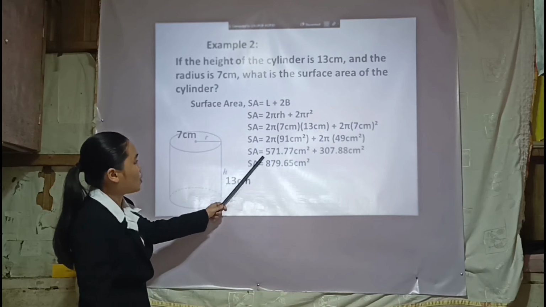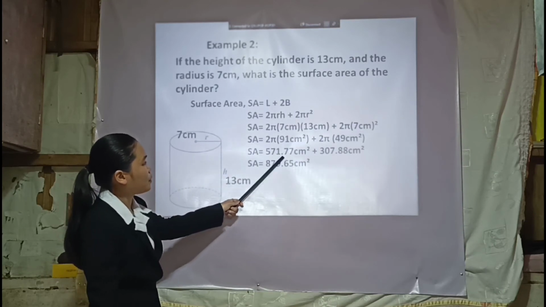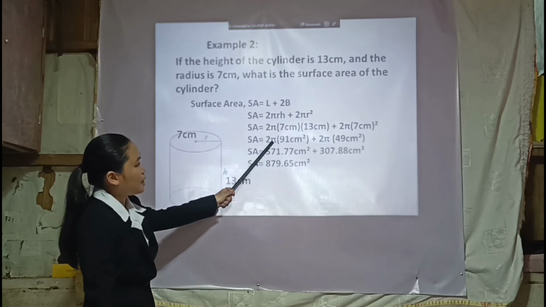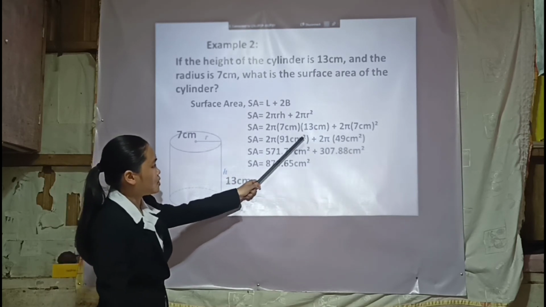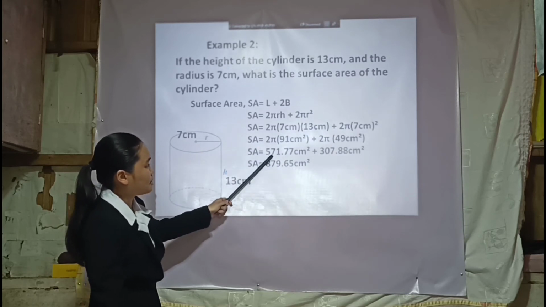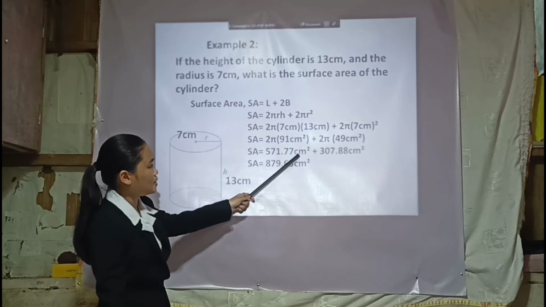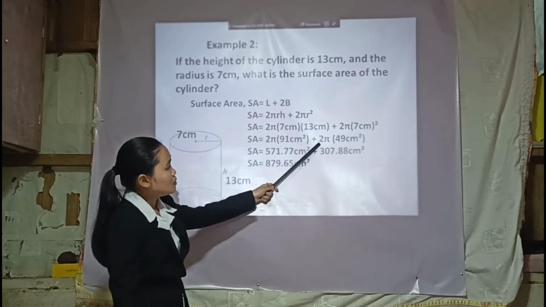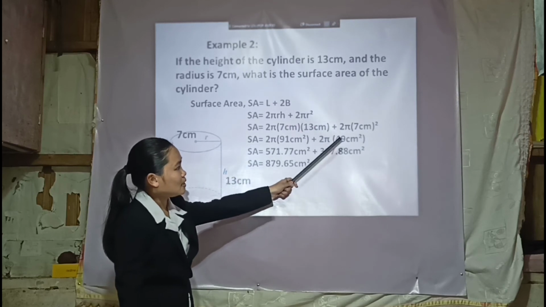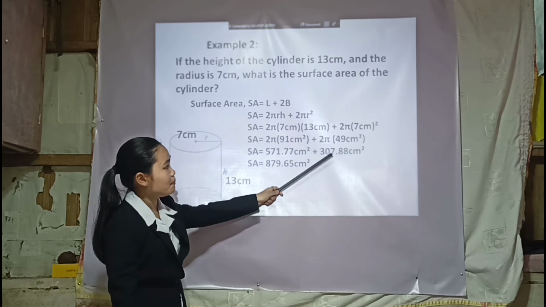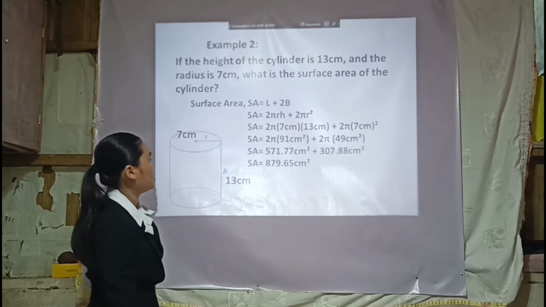Surface area equals 571.77 centimeters squared, because 2 times pi times 91 centimeters squared, the product is 571.77 centimeters squared, plus 2 pi times 49 centimeters squared equals 307.88 centimeters squared.